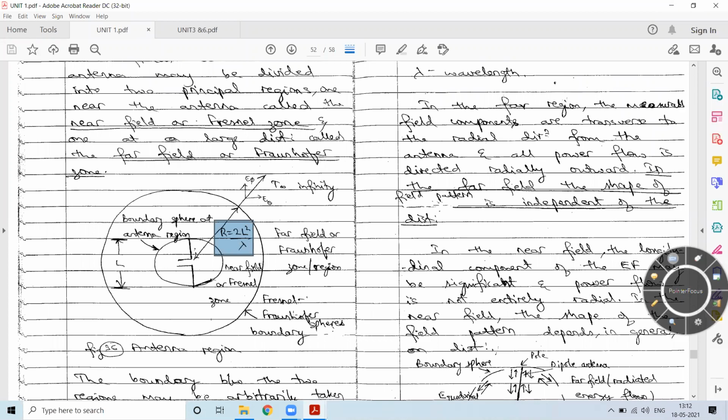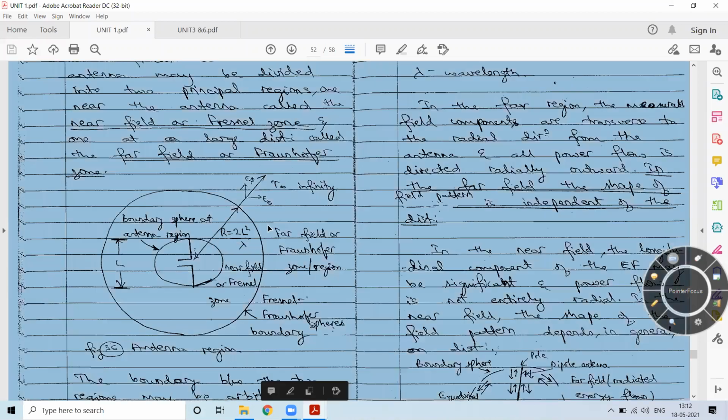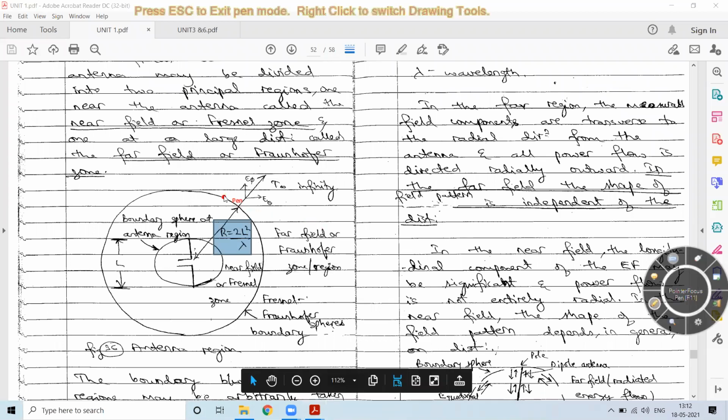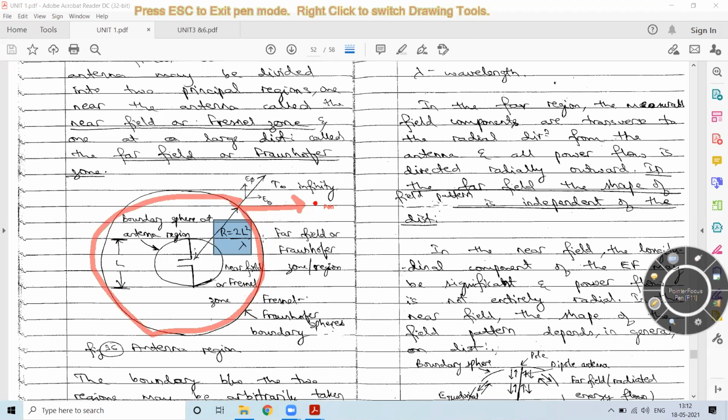So these are the two things. Now the critical conditions we have are, one we can have less than and one we can have greater than. But if you have equal to, we call it the Fresnel Fraunhofer region. So for example, if this circle is actually equal to, R is equal to 2 L square by lambda, this part is termed as the Fresnel Fraunhofer boundary.